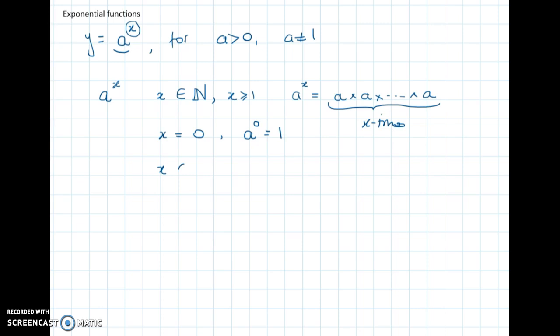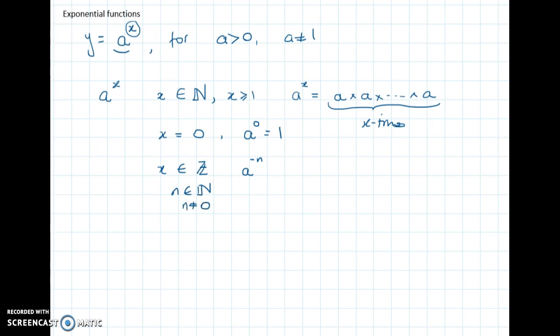If x is now an integer, so it's either one of the natural numbers or the negative of the natural numbers, then in this case we need to say what a to the power of a negative number is. So let's say a to the power of minus n when n is a natural number and n is not 0.